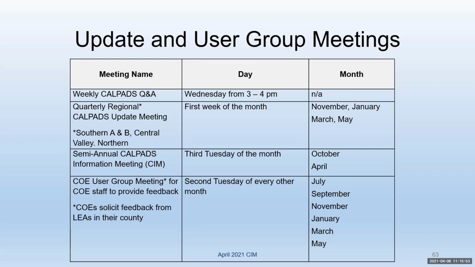So first of all, we will continue to have our weekly CALPADS Q&A. It's every Wednesday from 3 to 4. It can be accessed through the CSIS support page. There is a link that you can click on every week there to get you to the weekly Q&A. So as long as you put sort of a tickler on your calendar, you can come on and ask questions.